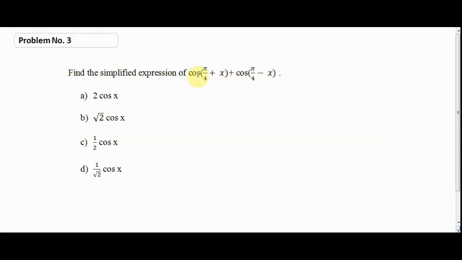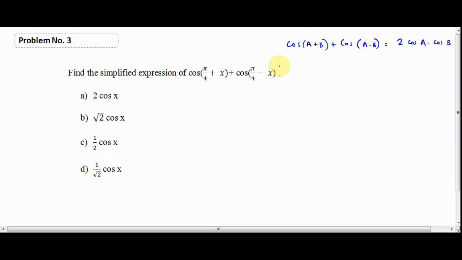The expression cos (pi by 4 plus x) plus cos (pi by 4 minus x) is in the form cos (A plus B) plus cos (A minus B), and this is equal to 2 cos A cos B. Here in place of A we have pi by 4, and in place of B we have x. So this expression may be modified as 2 into cos pi by 4 into cos x.